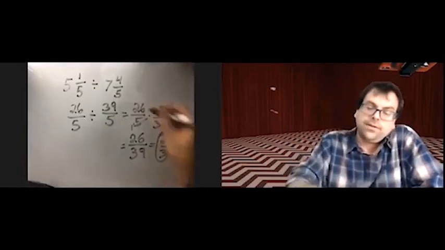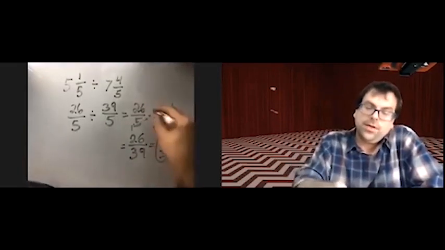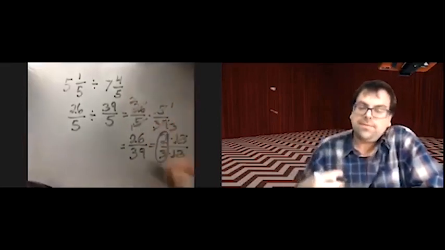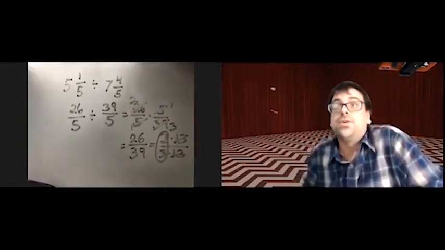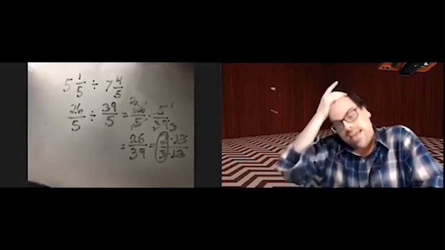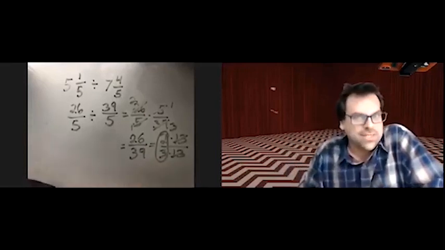Up here, there they were, 13 times 2 and 13 times 3. Fully canceling would give us 2/3. So 11s, 12s, 13s, they might make things a little bit difficult.